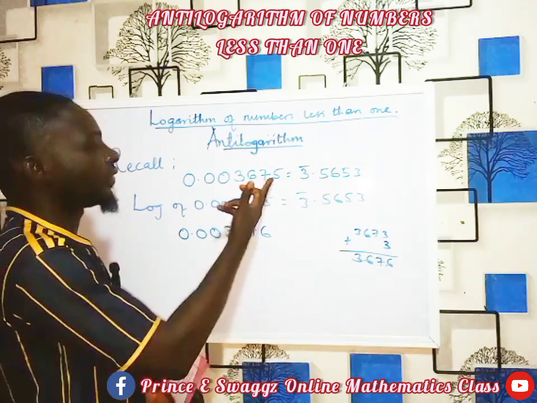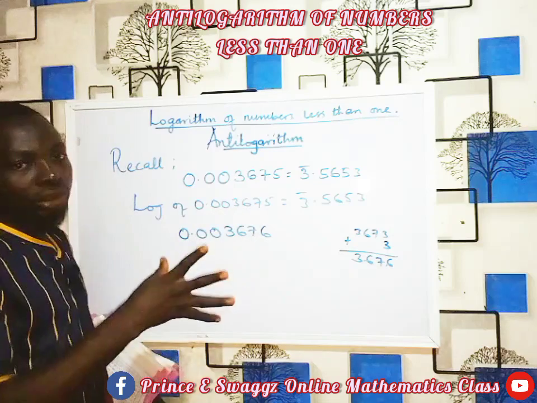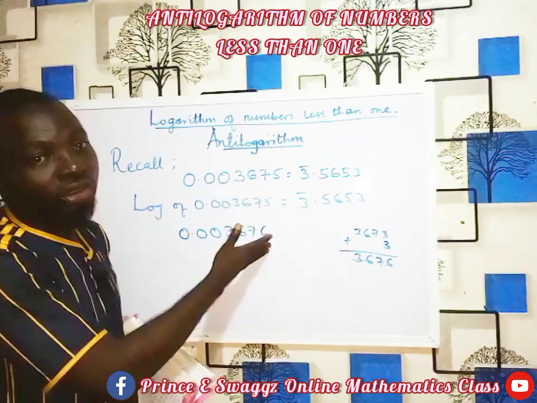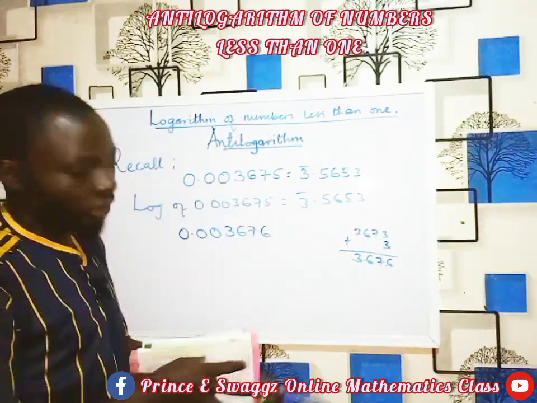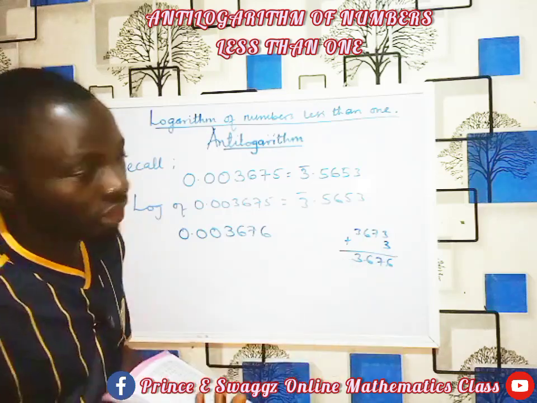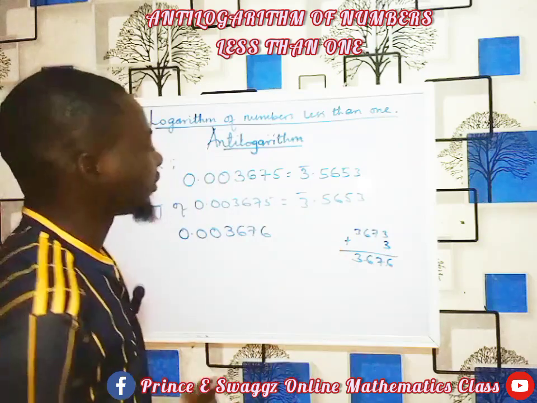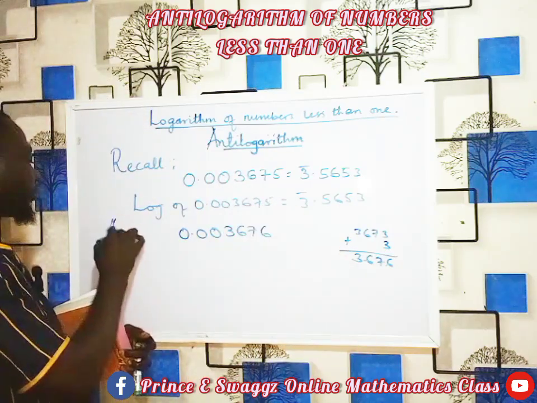If it were 4, the approximation would not give us the same thing. So 5 and 6 are still in the same range. And don't forget, all the values you are seeing here are also approximated values, which is why we always make it four digits after the decimal point. So the antilog of this now is this value.